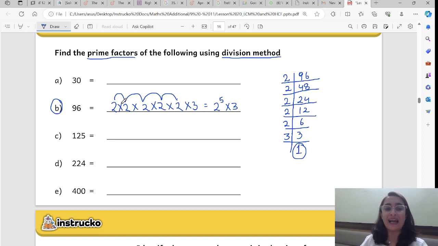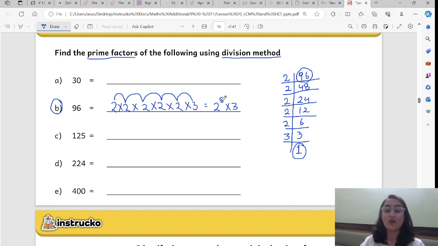Sorry, my bad. I went wrong somewhere. So let's do it again. 2 multiplied by 2 is 4. 4 multiplied by 2 is 8. 8 2s are 16. 16 2s are 32. Correct. And 32 multiplied by 3 will give me 96. So see, since I'm getting the number 96, it means that these are the correct prime factors of 96.